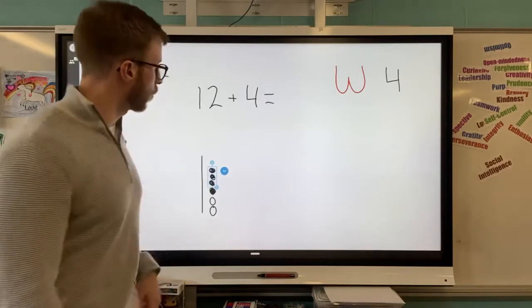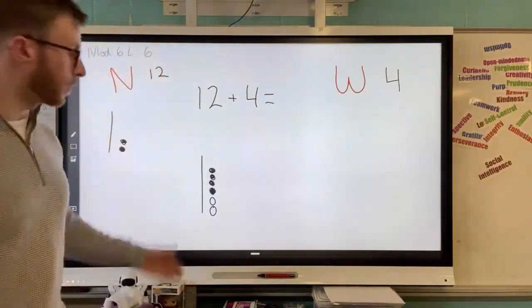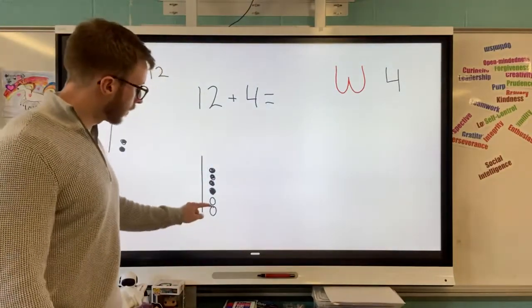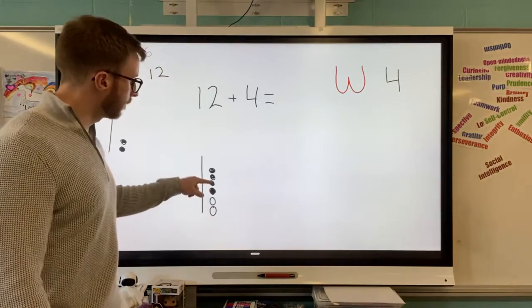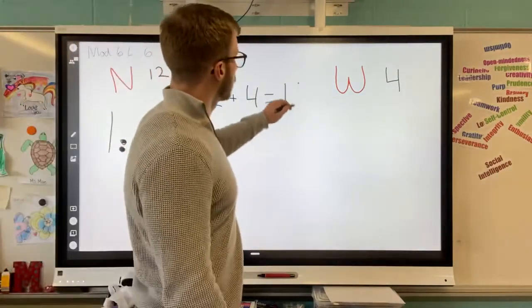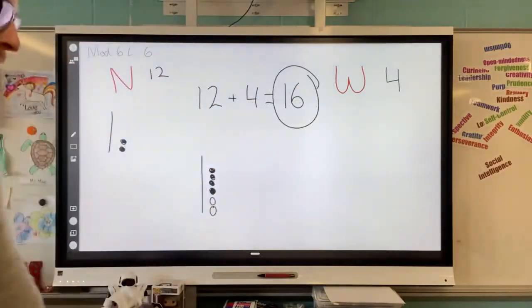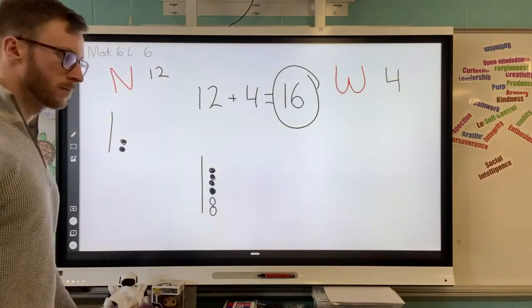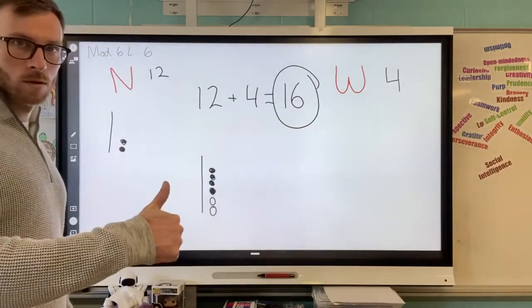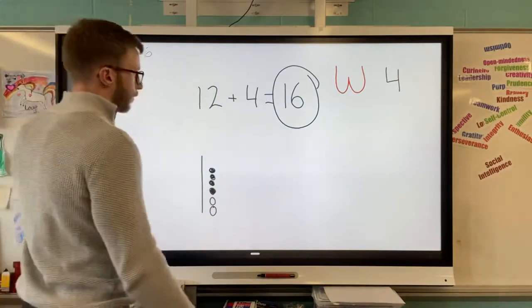Boom, I took those 4 and I added them onto this 12. And now let's see how many we have. We have 10, 11, 12, 13, 14, 15, 16. So how many toys do they have together? They have 16 toys between the two of them. How'd we do? Yeah, we should have done pretty well on that. We've been doing word problems like that all year.